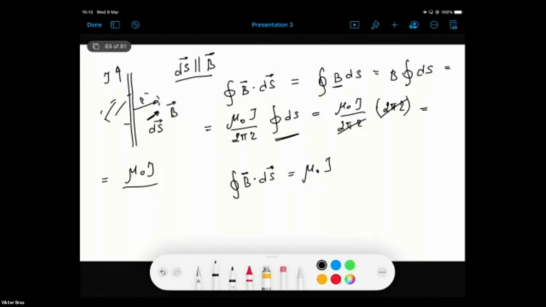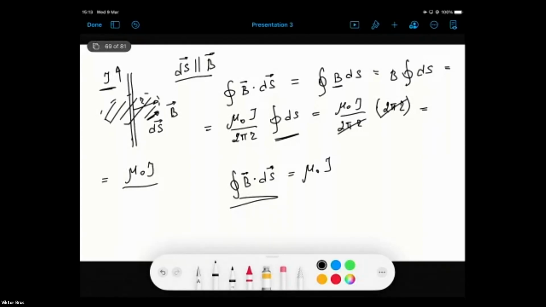So this is the surface here, and through this surface we have this current I flowing. It means if we know the current which flows through the surface of a closed loop, we can already calculate this integral.